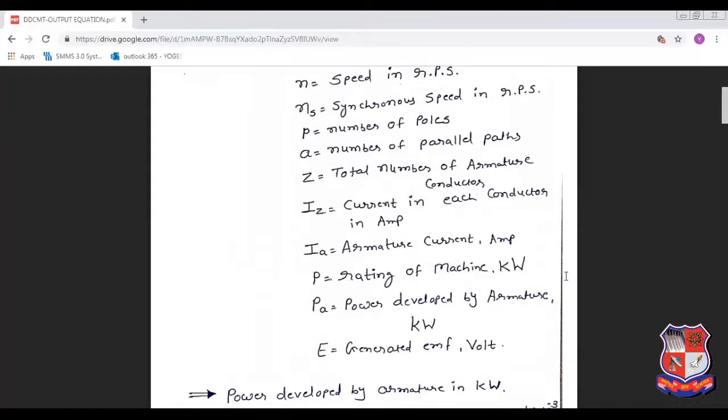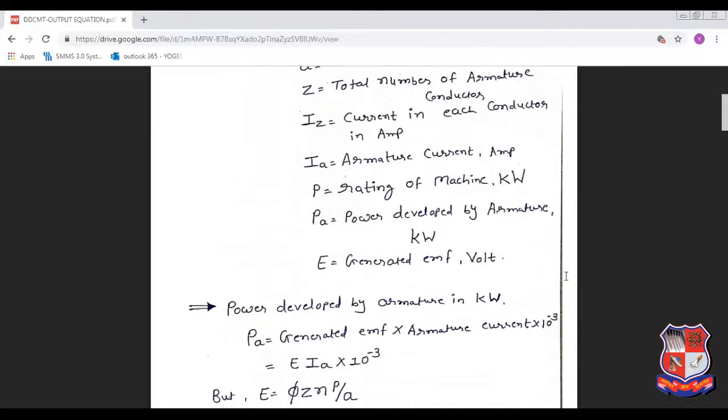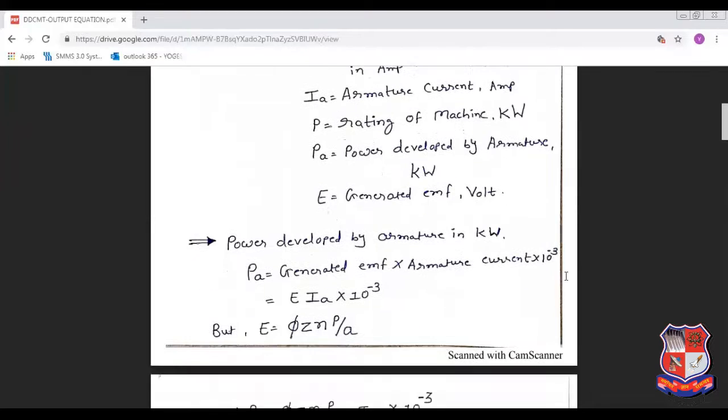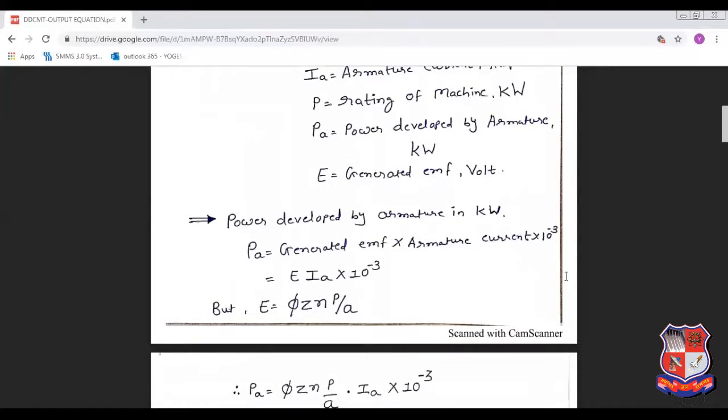Capital P is equal to rating of machine in kilowatt and PA is equal to power developed by armature in kilowatt. E is equal to generated EMF for the generator and back EMF for the motor, expressed in volt. So, power developed by armature in kilowatt, PA, is equal to generated EMF multiplied by armature current multiplied by 10 raised to minus 3.